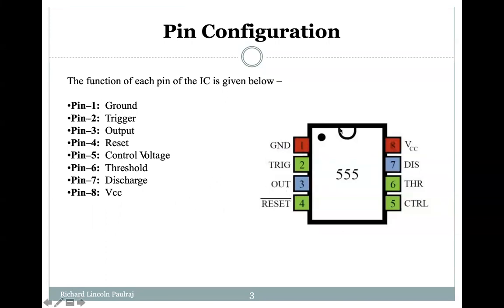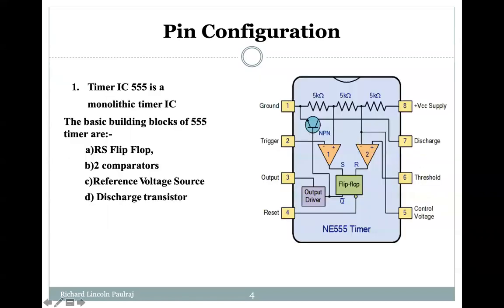Based on what kind of connections we need, for example output, input, control, VCC and ground, all these can be configured. We will see a few applications of how we are going to use this 555 timer.